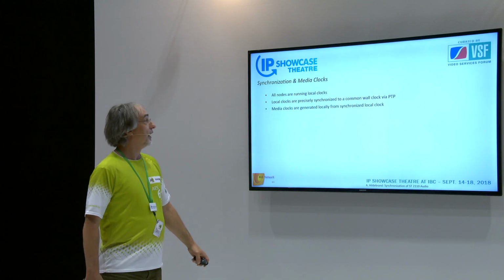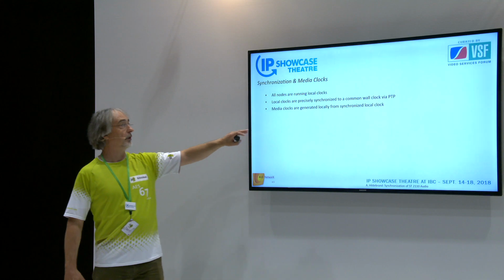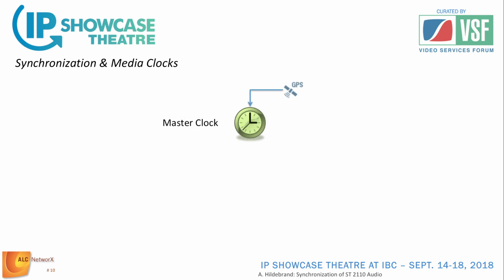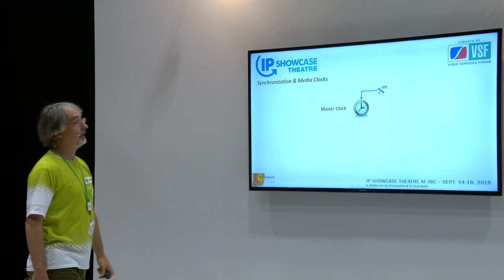Although they are similar, a PTP version 1 device can't run on PTP version 2 protocol and vice versa. And then, as in my presentation an hour ago, the media clocks can be generated locally from the local synchronized clocks. Here's another picture: we have a master clock, which in most cases is referenced to a very good, precise external reference. The mighty satellite gods above us serve us very well here.